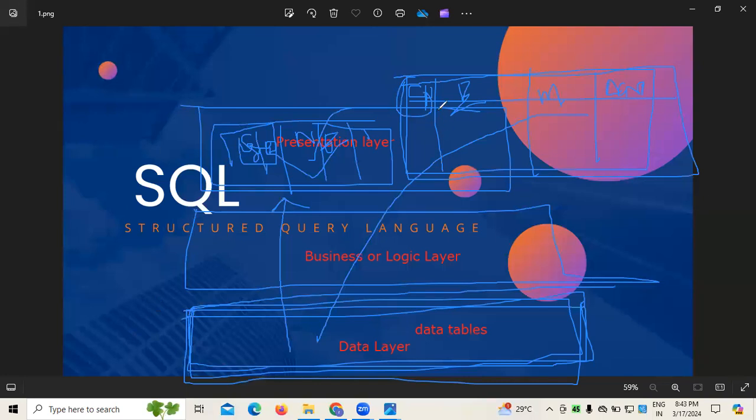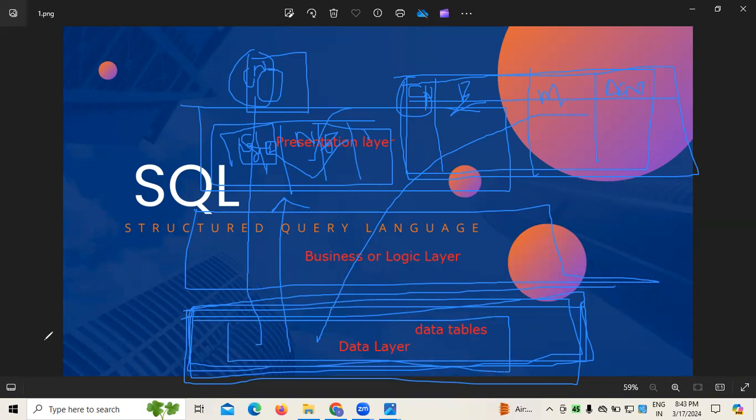Why are these data tables needed? Let's say, for example, this is a customer form where we have given some information. Whatever information was given, let's say the customer name was given here. Whatever name was mentioned using this form, that information must be stored in a particular data table.